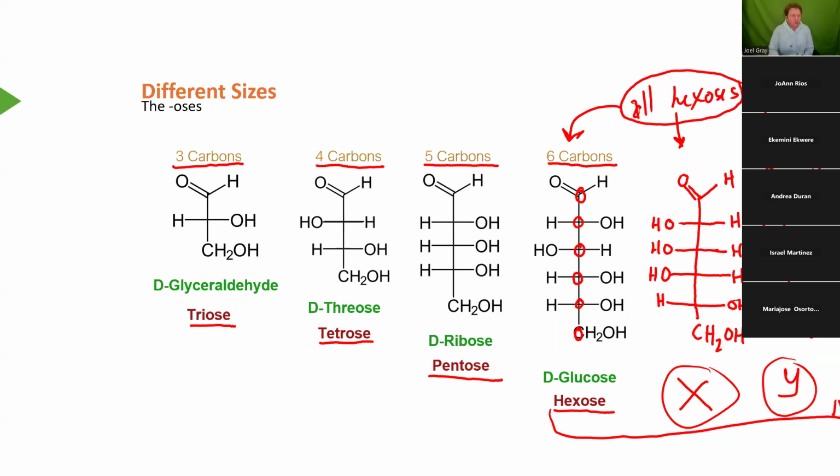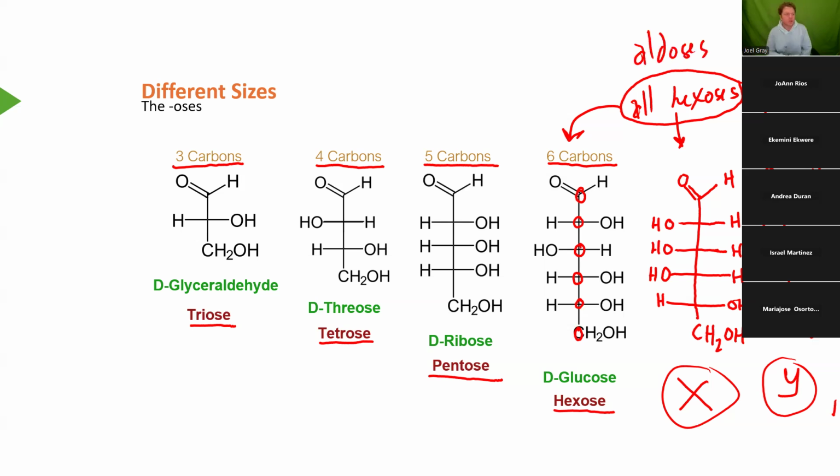Because whenever we're looking for an aldose, what we're looking for is basically a carbonyl, oxygen, and a hydrogen. So this group up here is an aldehyde, and an aldehyde on a sugar indicates that it is an aldose. So these are all hexoses. They are all aldoses.